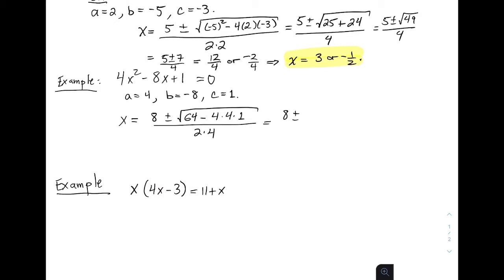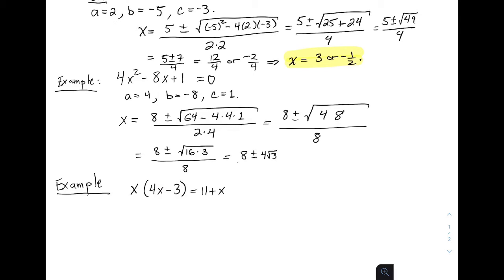which is equal to 8 plus or minus the square root of 48 over 8, which is 8 plus or minus the square root of 16 times 3 over 8, which is 8 plus or minus 4 square root 3 over 8.